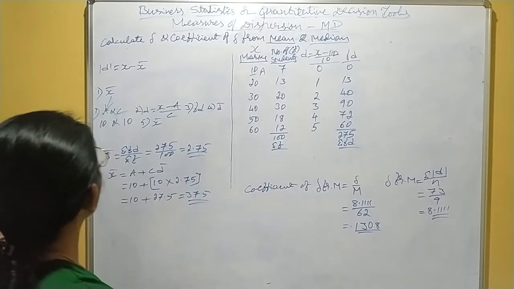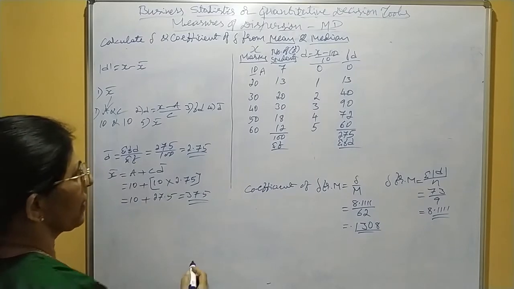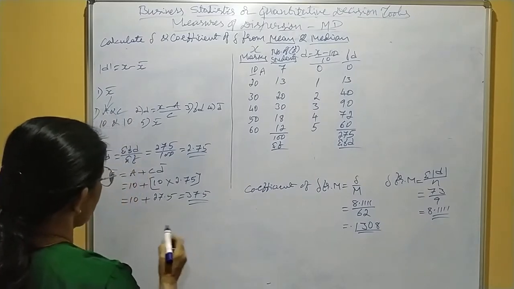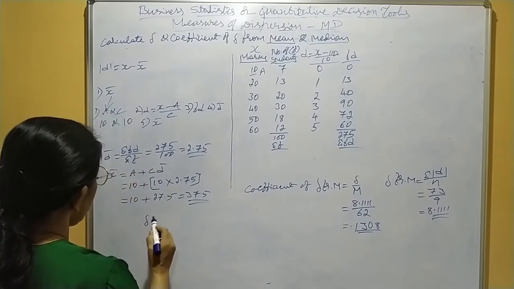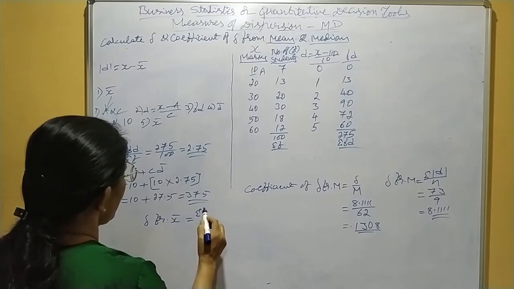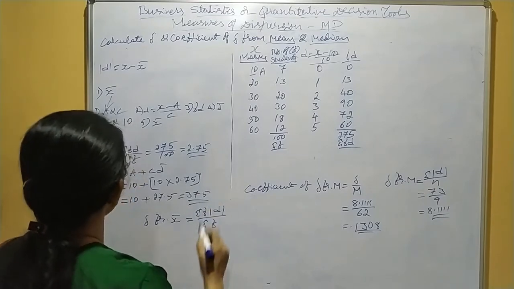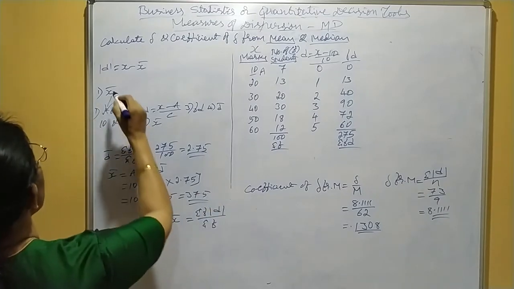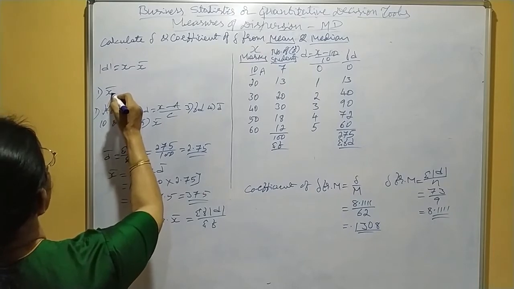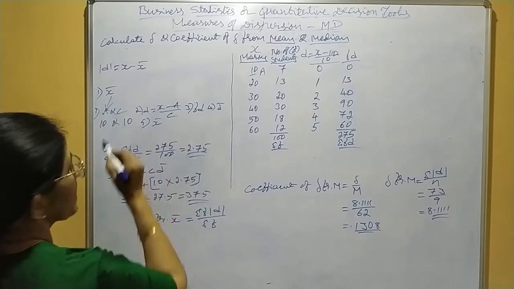Next we have to find out mean deviation. For that, what is the formula to find out mean deviation from mean? Sigma f modulus d divided by sigma f. That means what we need, we have calculated first step is x bar. To calculate x bar, these are the different steps.